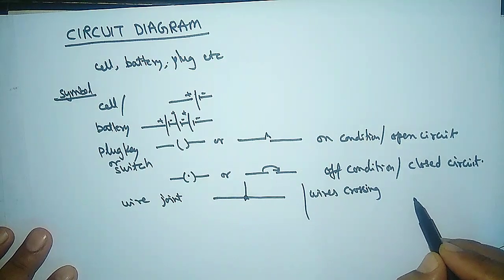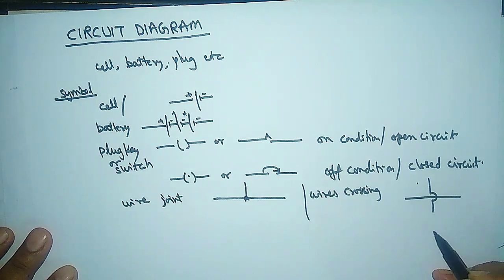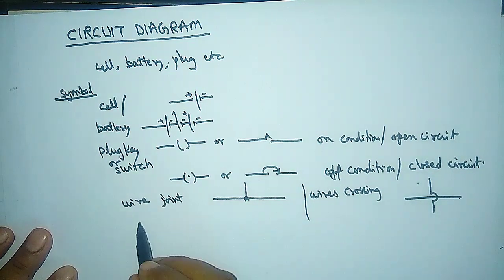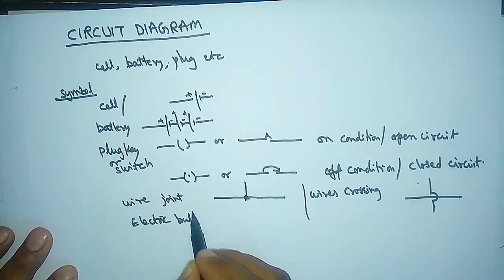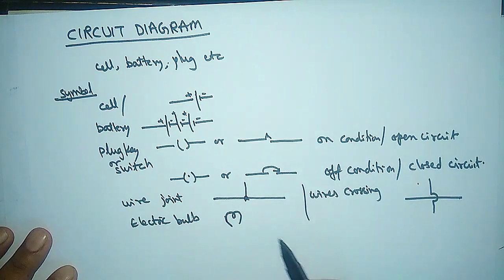Okay, when wires cross each other, then use a jumper like this. It is jumping. One wire, this is the second wire. And the electric bulb, how will we show it? For the electric bulb, make a filament like this. Okay, this is the symbol of the electric bulb.